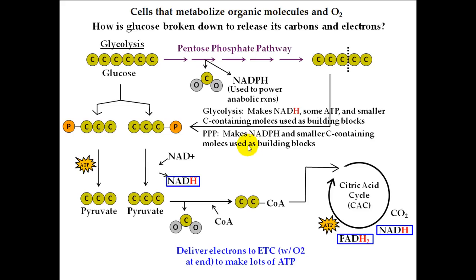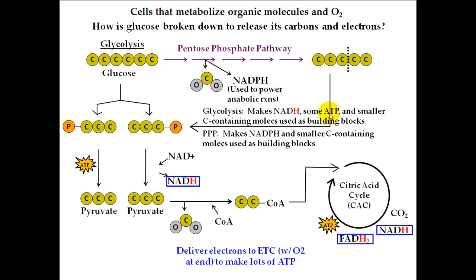So if you compare glycolysis to the pentose phosphate pathway, these are 2 different ways of breaking down glucose. You might be wondering, why would a cell need 2 different ways of breaking down glucose? What's the difference between the 2? If you take a look at what's generated during glycolysis, it makes things like NADH, which has a high energy electron in it that can be used to make ATP.